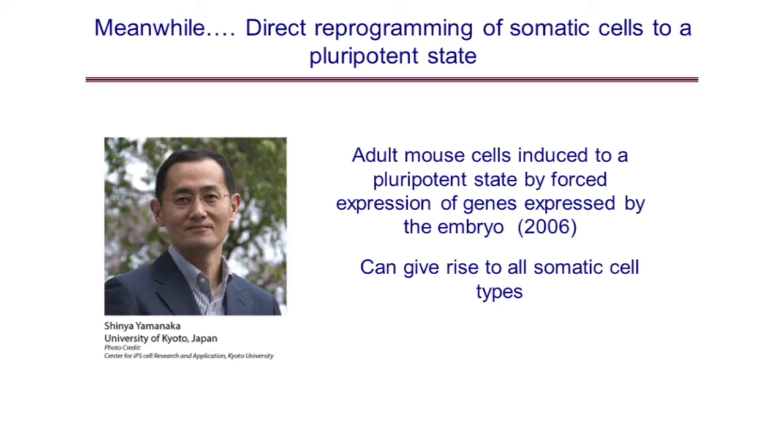However, meanwhile, Shinya Yamanaka in Japan, who incidentally shared the Nobel Prize with John Gurdon in 2012, developed this very simple concept: if you force expression of the genes that are expressed in embryonic pluripotent cells, then you may be able to convince a cell to become pluripotent itself.